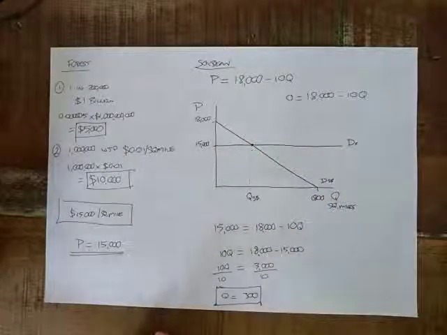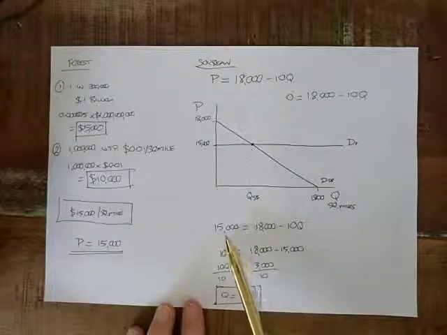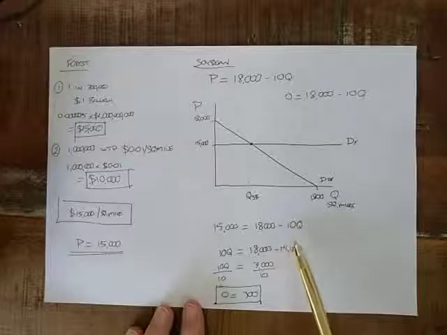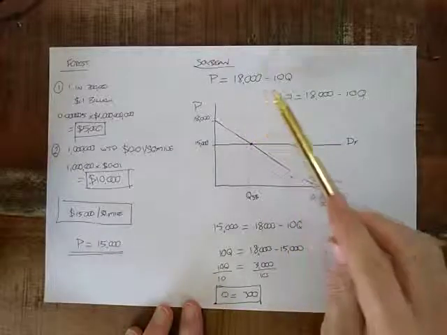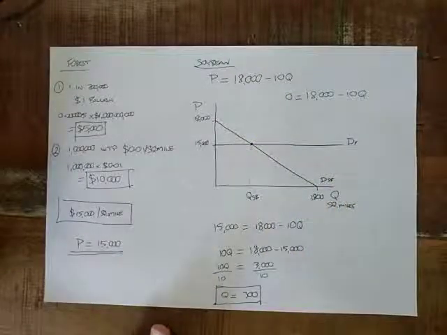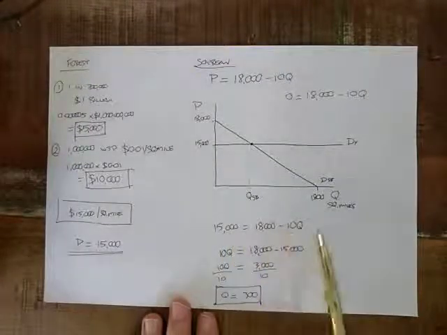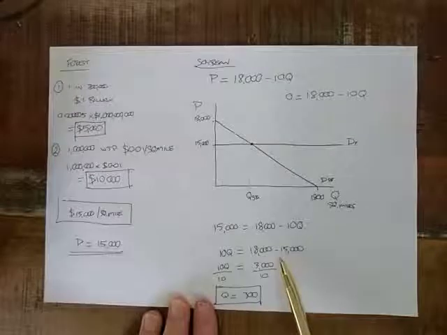So, 15,000, the price, equals 18,000 minus 10Q. That's just the demand function. We can move some of these things around. I'm going to take the 15 grand over to this side, in which case we turn it into a negative.